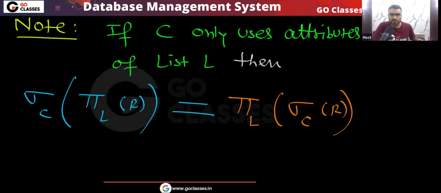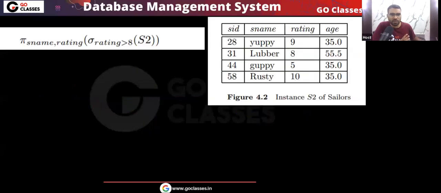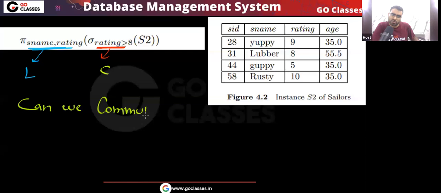The example we have already seen, but let me give you one more example. What about this? What do you think? Can I commute? Just look at this condition, and this is the list. This is condition C, and this is list L. Can we commute, or I can say swap, pi comma sigma?